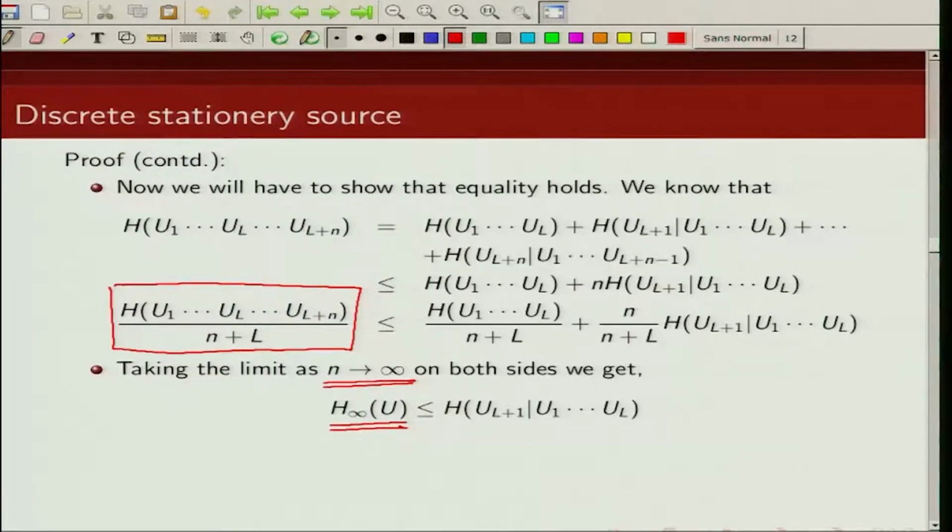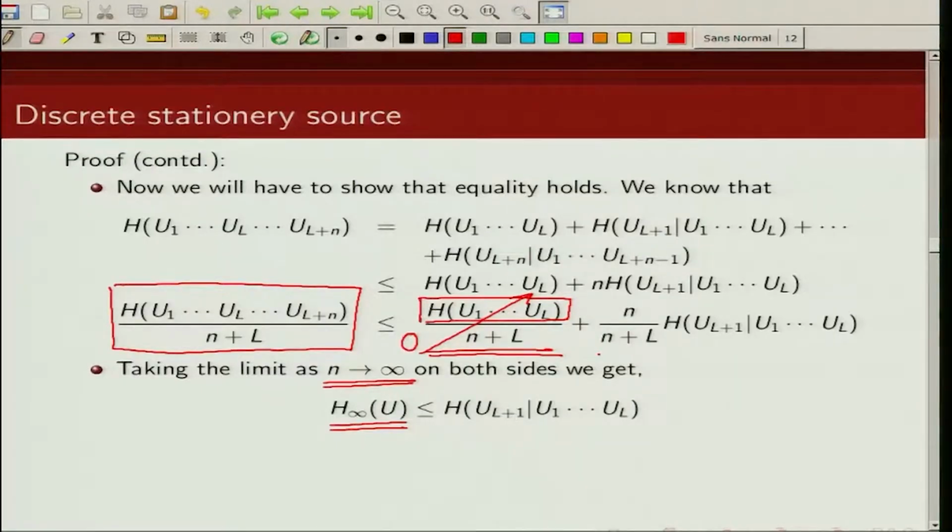Correct? What about this term? Now look at the numerator. This is the joint entropy of U1, U2, U3, up to UL. So this is a finite quantity, this divided by n plus L, where n goes to infinity. So as n goes to infinity, this particular term will go to 0.